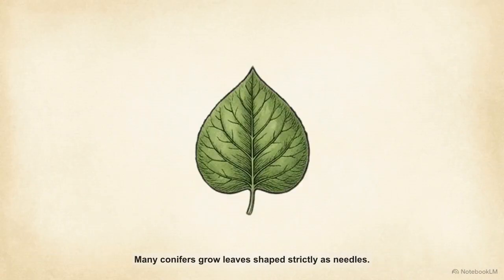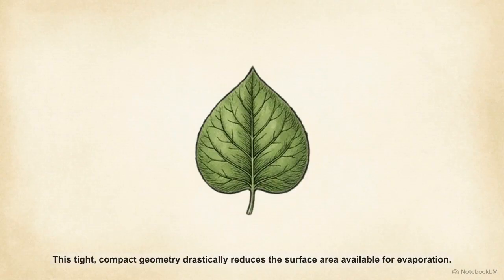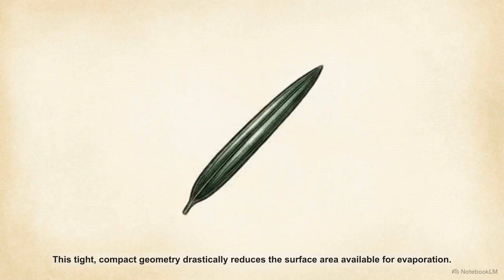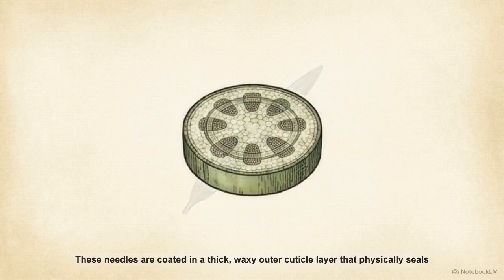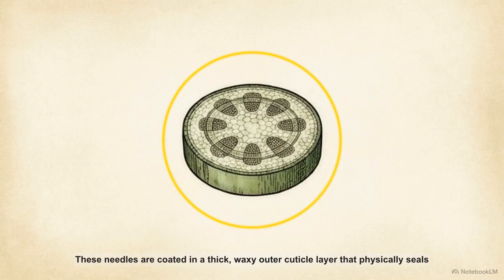Many conifers grow leaves shaped strictly as needles. This tight, compact geometry drastically reduces the surface area available for evaporation. These needles are coated in a thick, waxy outer cuticle layer that physically seals moisture inside the plant tissue.